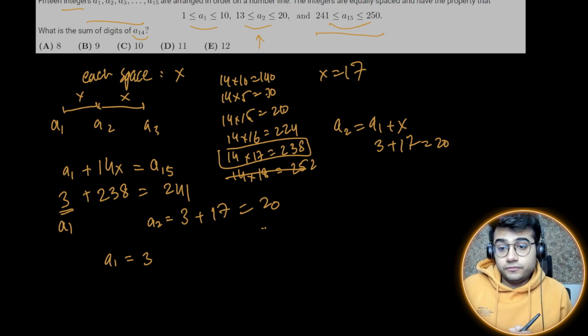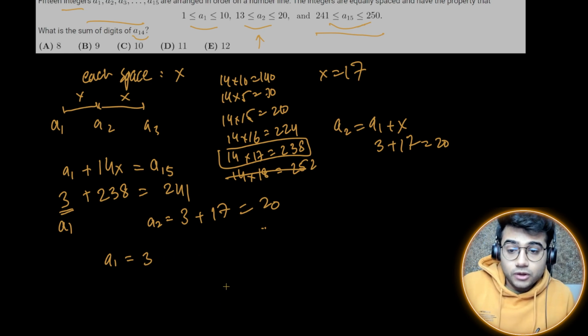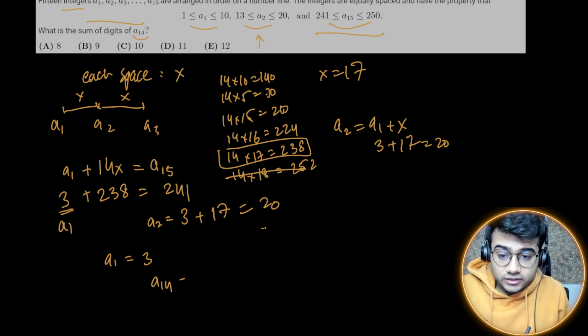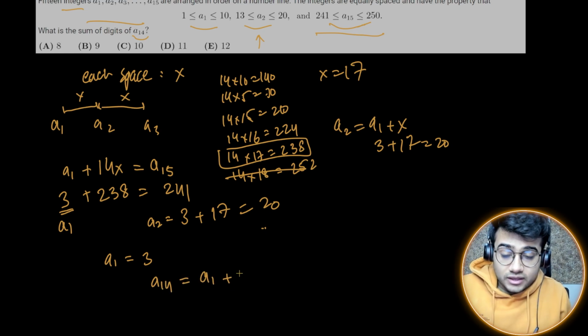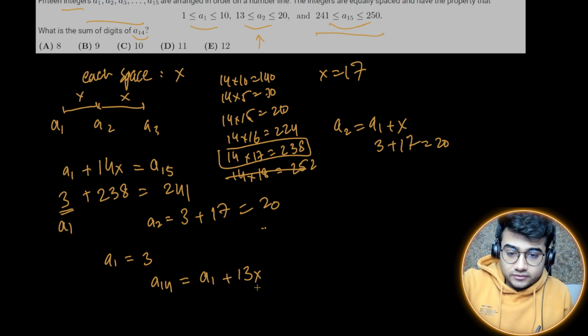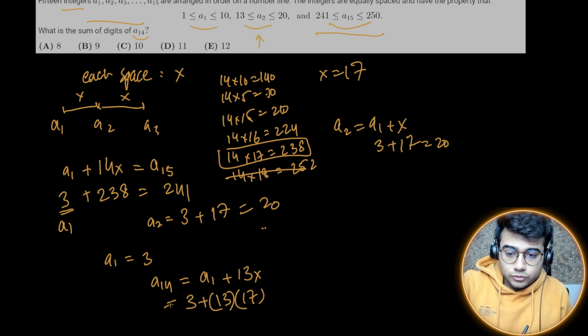So that solves the problem, because now we know a14 is just going to be a1 plus 13x. Well, x is 17, so 17 times 13, and then plus 3 would be a14.